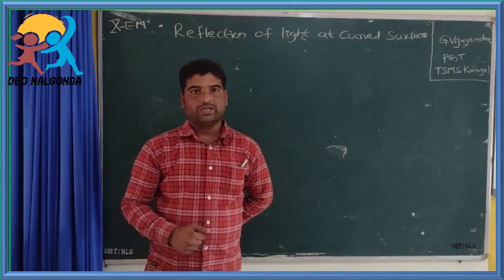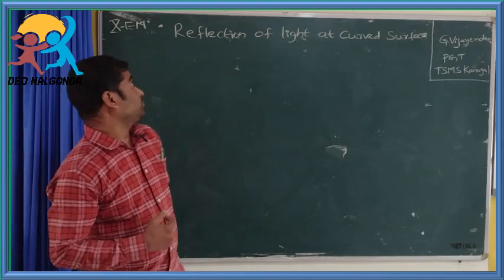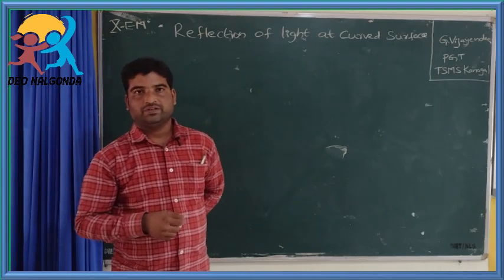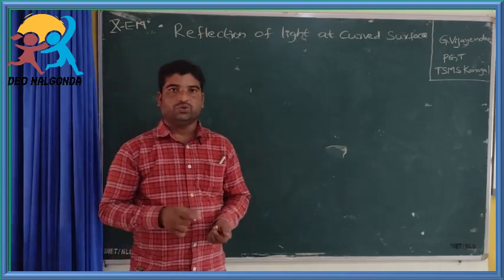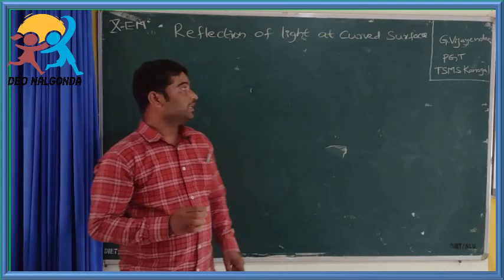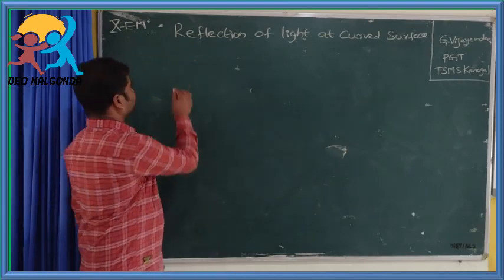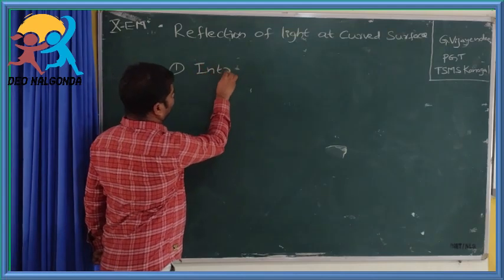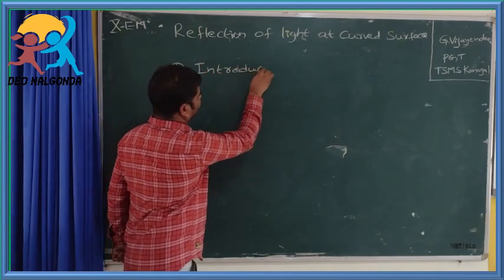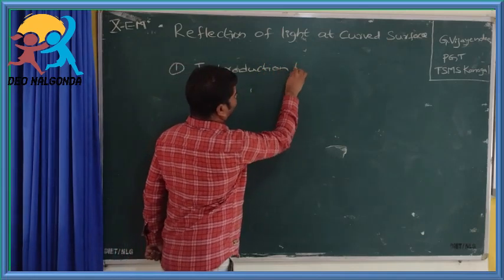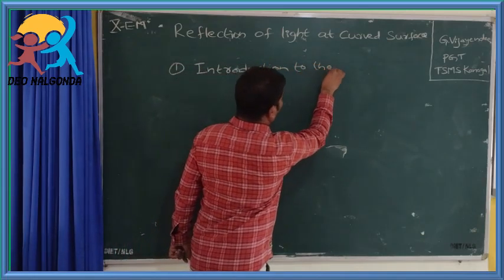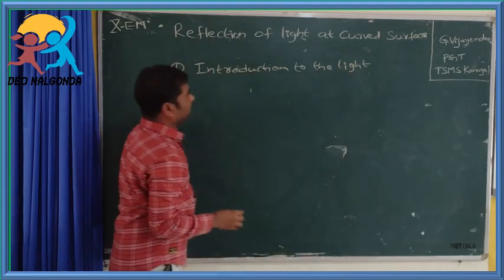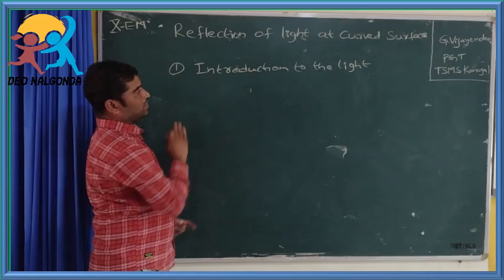In this class, we are going to learn about reflection of light at curved surfaces. In this particular video, we are going to learn the following. One is introduction to the light and some basic concepts of light.